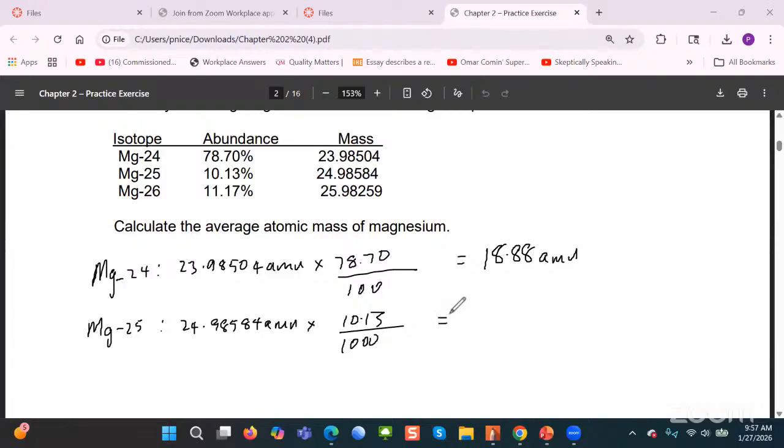So let me do that calculation: 0.1013 times 24.98584. According to my calculation, this works out to be 2. Again, I have to round off to 4 sig figs, so that would be 2.531.